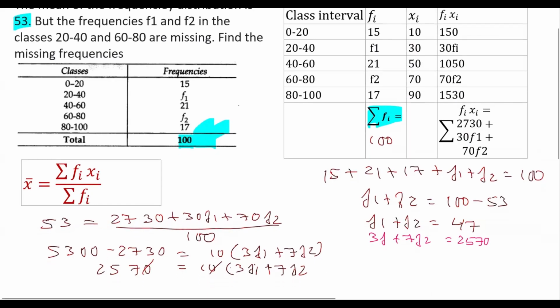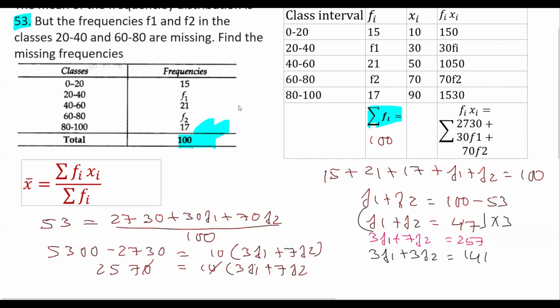For that, I'm going to multiply the second equation, the second one, with 3. This way, we'll get 3 times F1 plus 3 times F2, and we'll multiply 47 with 3. That gives us 141.